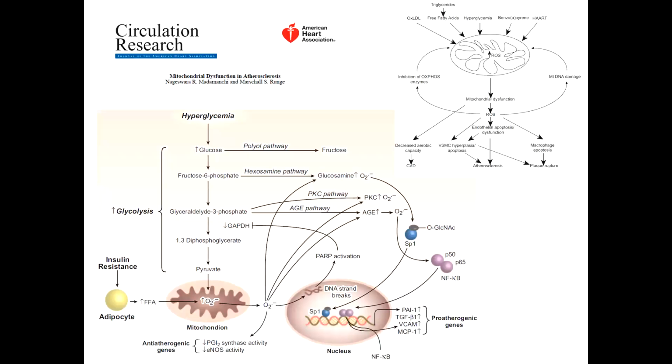So your mitochondria are really, really important. Okay, and if you look up in the upper right-hand corner, it talks about oxidized LDL, free fatty acids, hyperglycemia, benzopyrene, and other things like fatty liver will increase the amount of ROS produced by the mitochondria, which is going to cause mitochondrial damage.